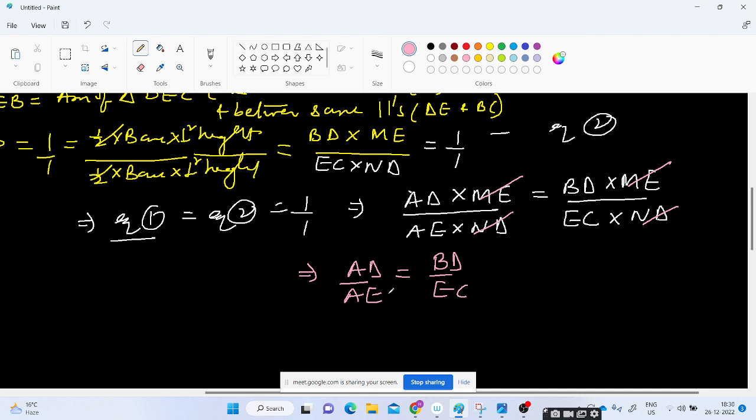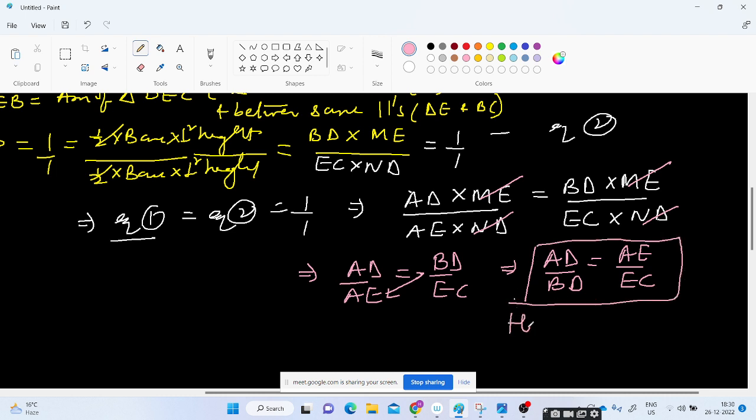So you can just interchange this. So you will get AD upon BD is equals to AE upon EC. So hence the other two sides are coming in the same ratio. And thereafter you will write here hence proved. So this proving is important.